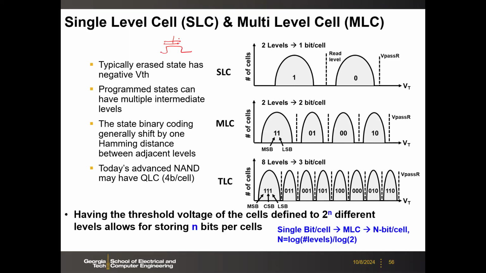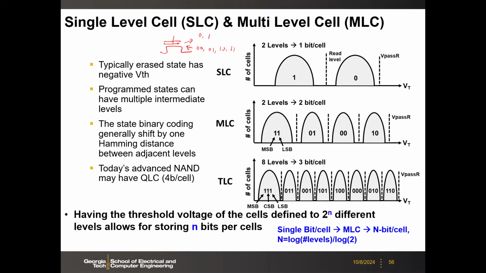So here the goal is to further increase the density. Instead of storing data only 0 and 1, we want to store data 00, 01, 10, and 11, using the same transistor structure.